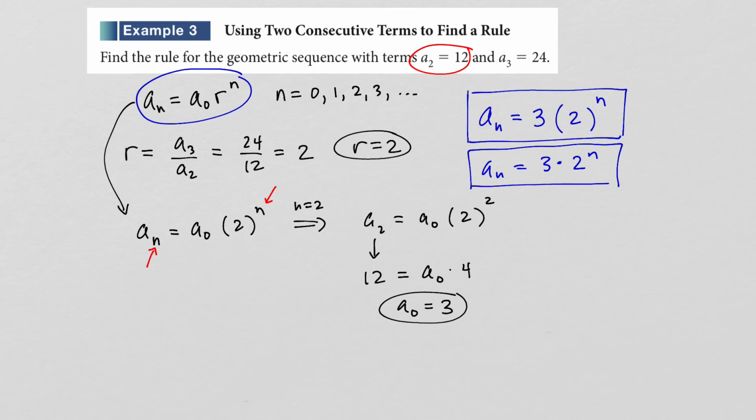Now, either one of these is okay, but I think the parentheses is probably a little bit safer. So I tend to use parentheses around my r instead of just a dot. And this is especially true if r turns out to be negative. You definitely do not want to use the dot. So probably it's best to use this notation.